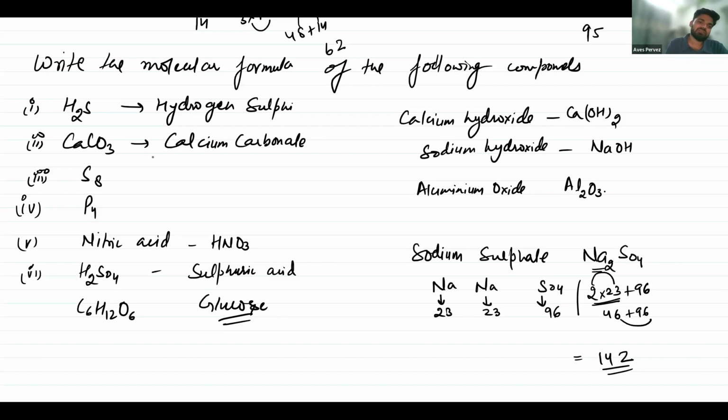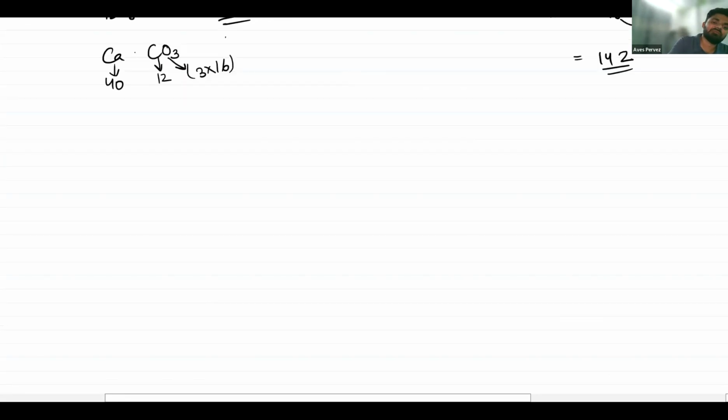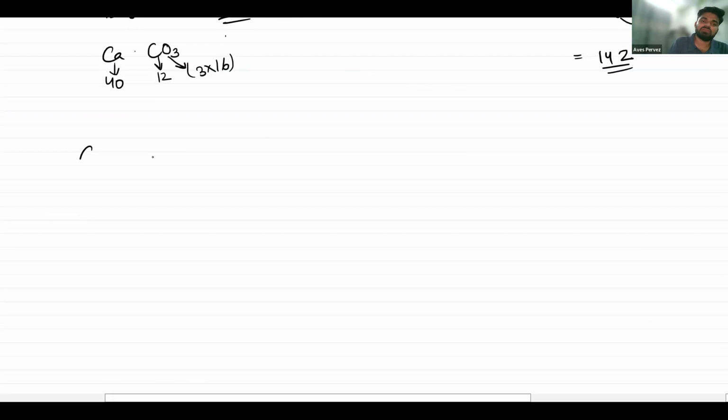Okay, the mass of calcium carbonate. Ca is going to have how much mass? 40. In the CO3 group, carbon has 12 and there are 3 oxygen atoms, so 3 into 16. So how will you calculate the mass of calcium carbonate? First you will write CaCO3.